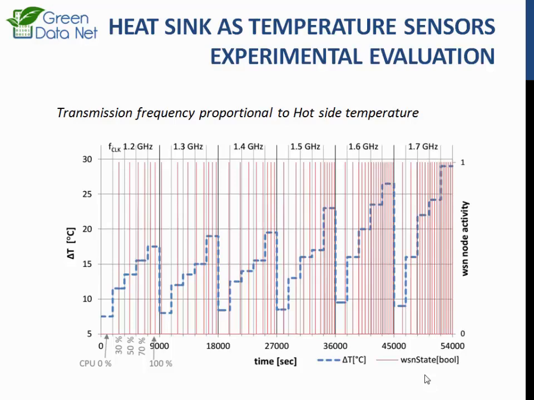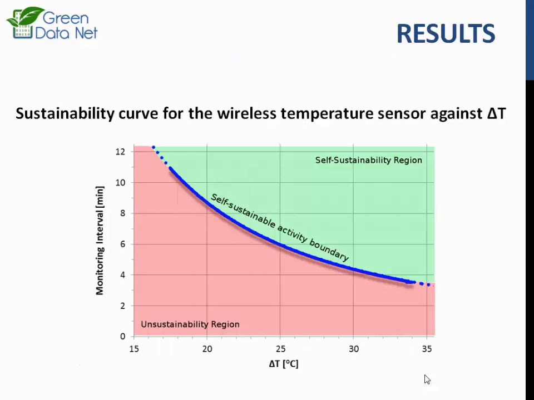This can also be seen in this sustainability curve, where you have the delta gradient of temperature between the two surfaces and two regions. The green region is the region where you have full sustainability, okay? And on X, it means that with such a temperature, any packet that is sent with this interval rate can be fully autonomous.